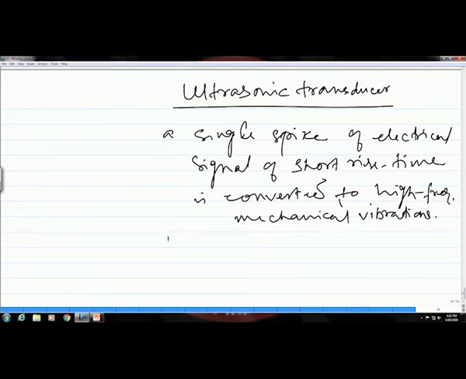Okay. So, that means all you have is a small piezoelectric element which vibrates at a particular frequency when you supply an electrical signal, and the vibration frequency would depend on the thickness of the element.